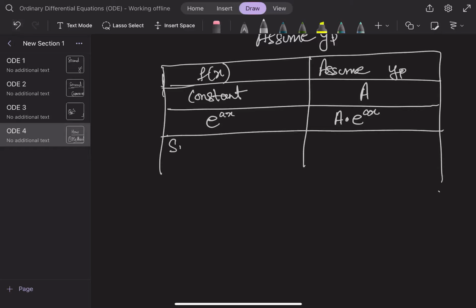Now if you have sin ax or cos ax, you assume a cos ax plus b sin ax. Sine and cos always go together, so even if you have only one of them, you assume the whole thing. You need both sine and cos.